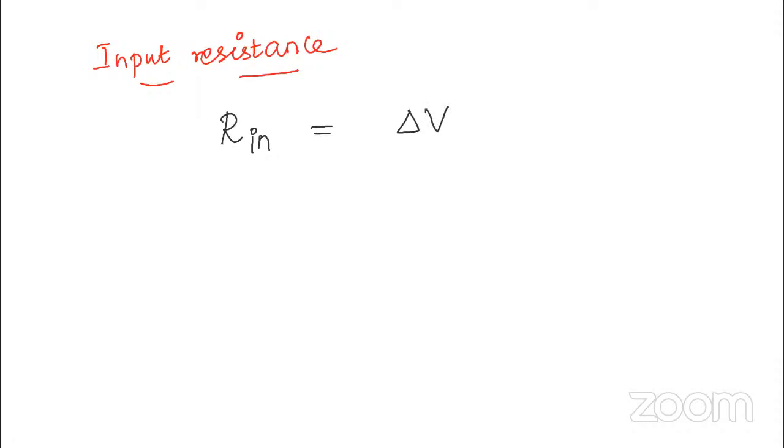So here, input resistance should be denoted by R in, which is equal to the small change in VBE, that is change in VBE divided by change in IB, at constant VCE.